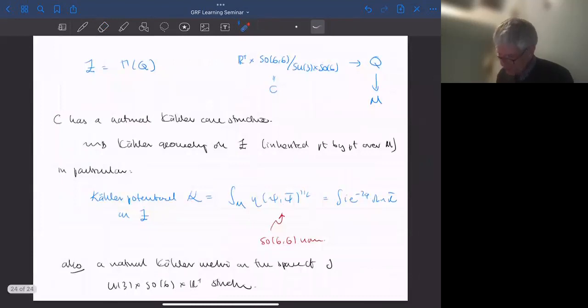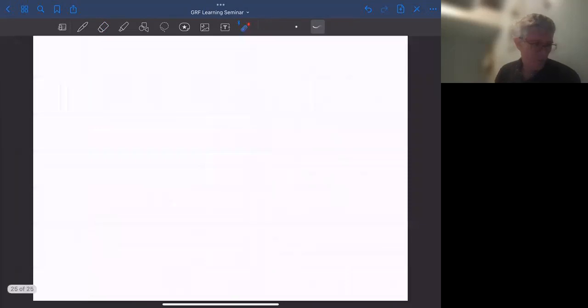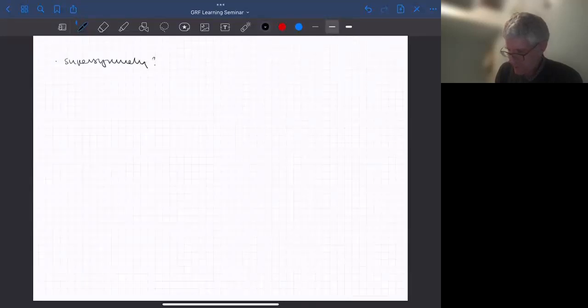Okay, so what about the supersymmetry? For supersymmetry, this should be equivalent to a torsion-free structure.